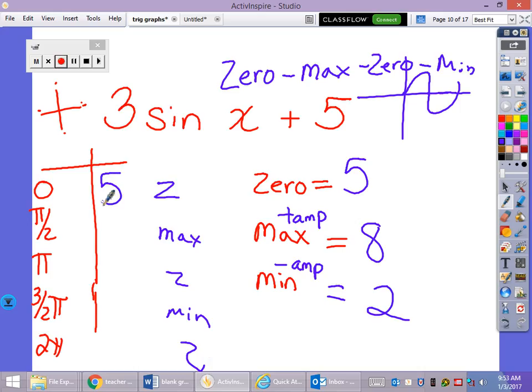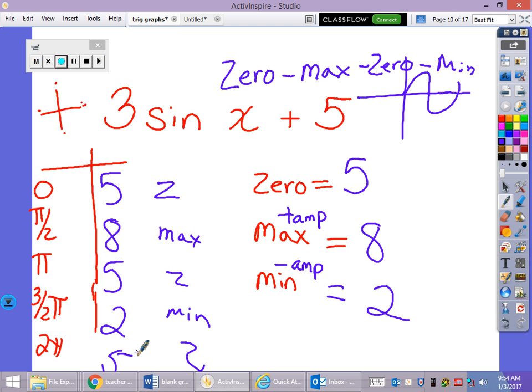The max, the 0, the min, the 0. And then I would just plot those points. Done. Graphing shouldn't be difficult. You plot these ordered pairs. Okay? Good?